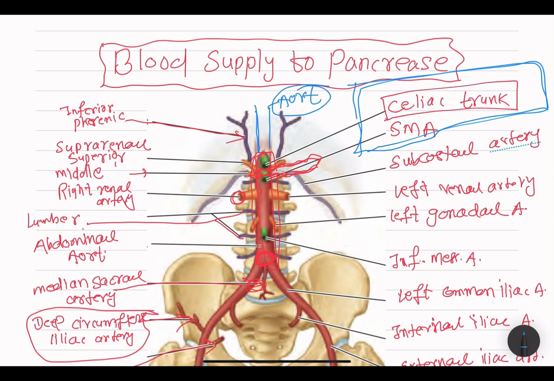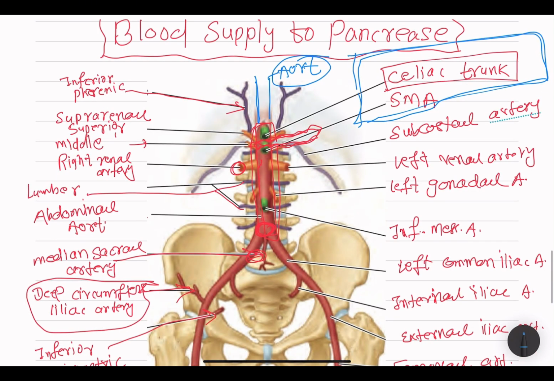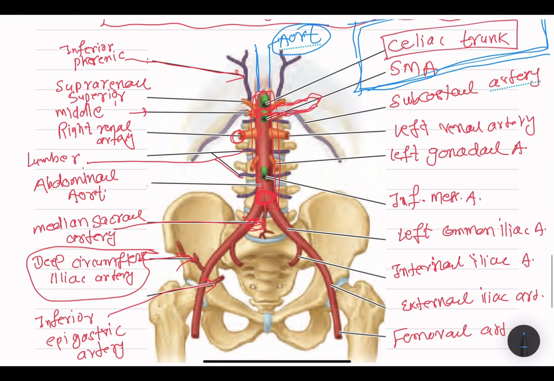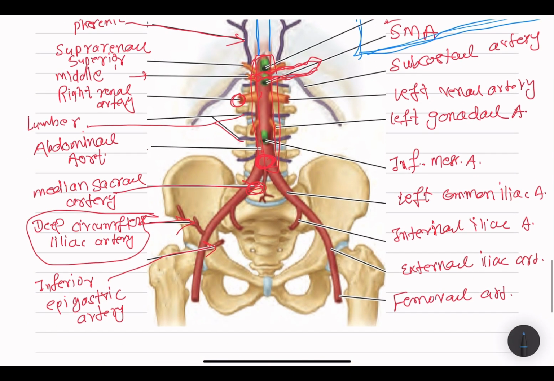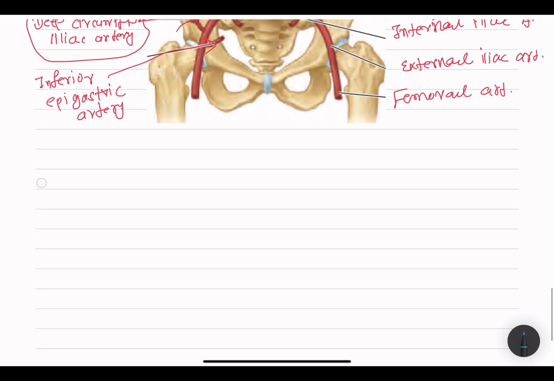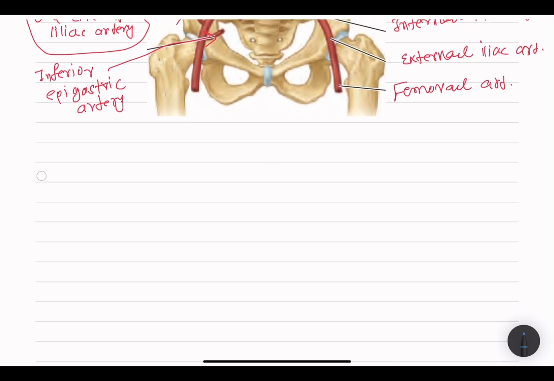My goal is to draw the branches of this artery to identify where the celiac trunk and the superior mesenteric are located. So later when I draw the other arteries from the celiac artery, you can understand.